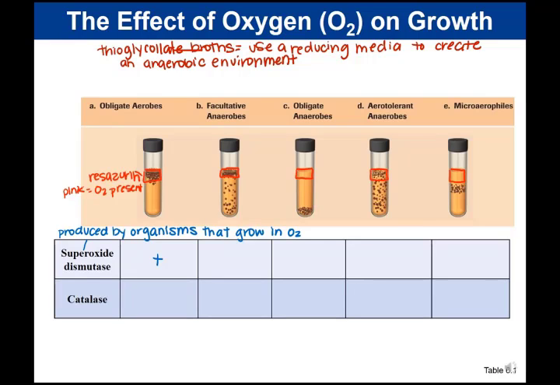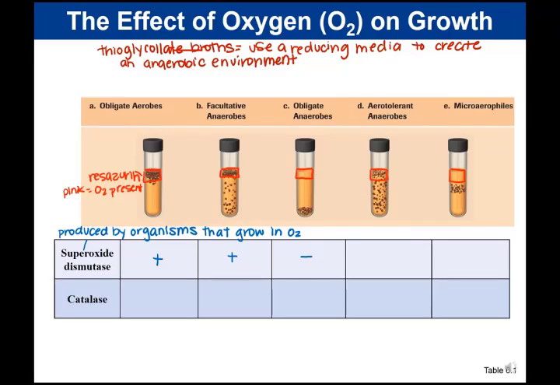They grow where oxygen is found, therefore they must have SOD. Facultative anaerobes grow with and without because they grow where O2 is present. They will have their superoxide dismutase. Obligate anaerobes do not grow where O2 is found. They do not have superoxide dismutase. And so in this case, the organism is an obligate anaerobe.